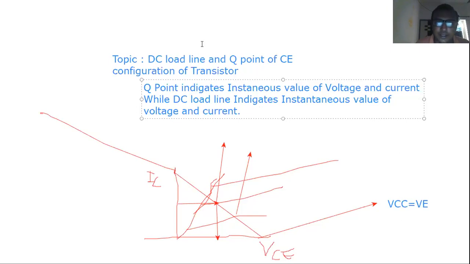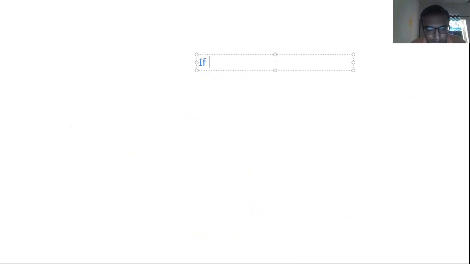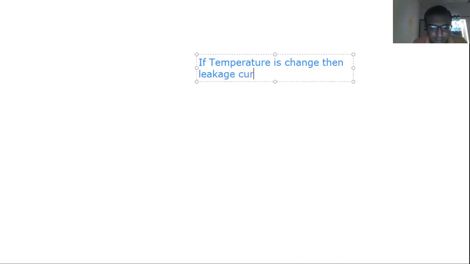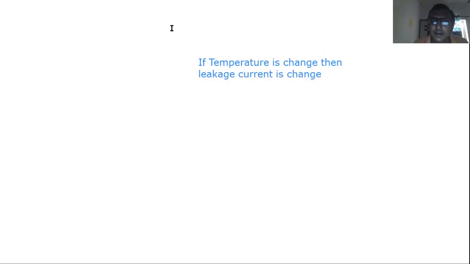Please prepare this very carefully. If temperature is changed, then leakage current is changed. Leakage current means the current that flows in reverse bias.